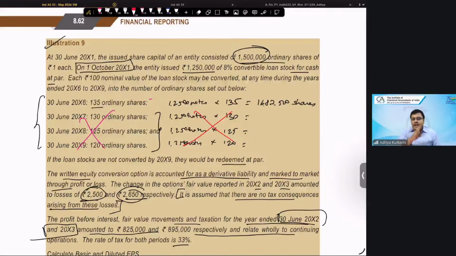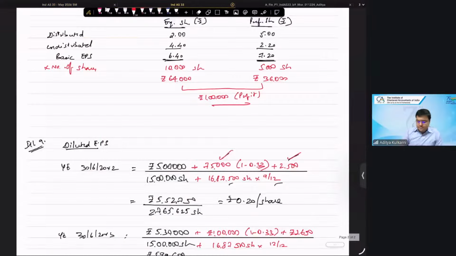Even in the basic and diluted EPS, it is essential that your diluted EPS from continuing operations is lower than the basic EPS from continuing operations.